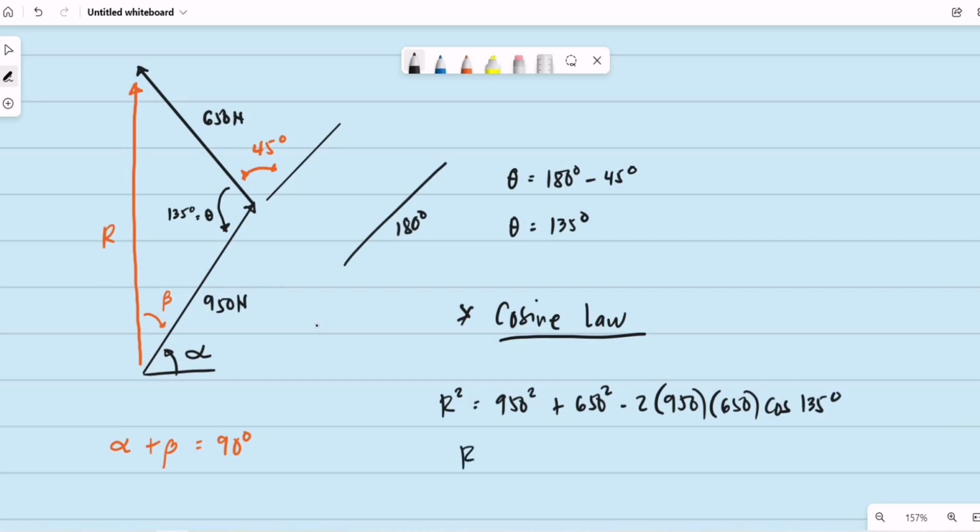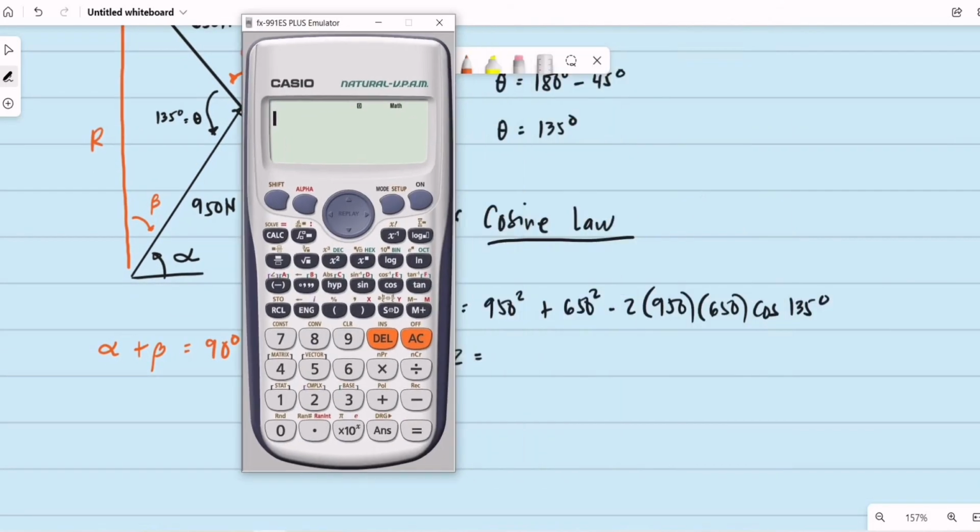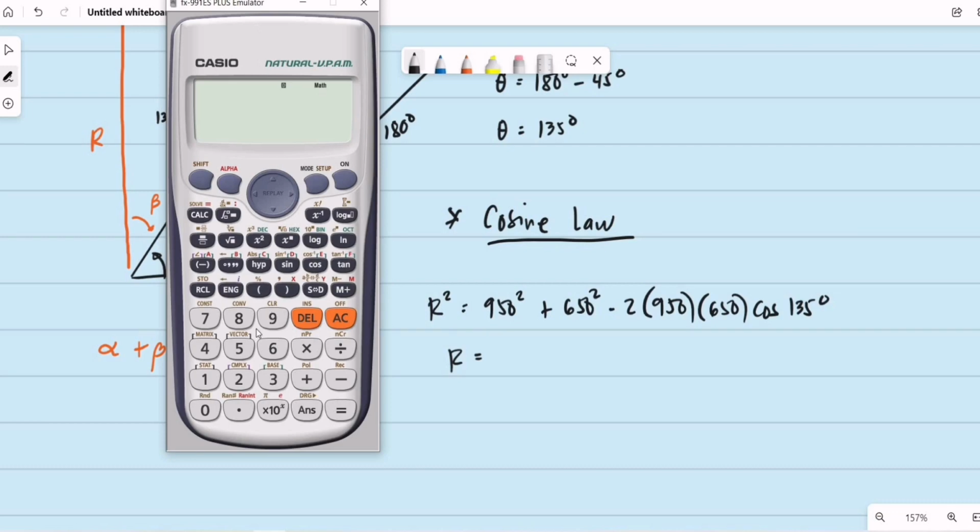So the resultant is now equal to the square root of 950 squared plus 650 squared, minus twice of 950 by 650, then cosine of the included angle, 135 degrees.